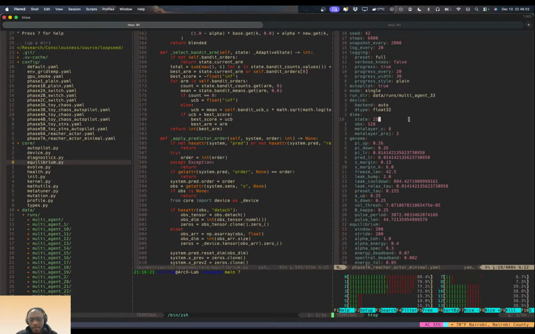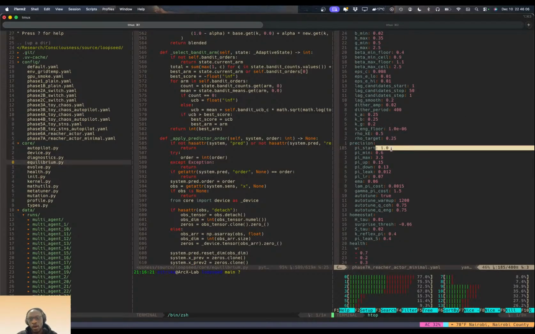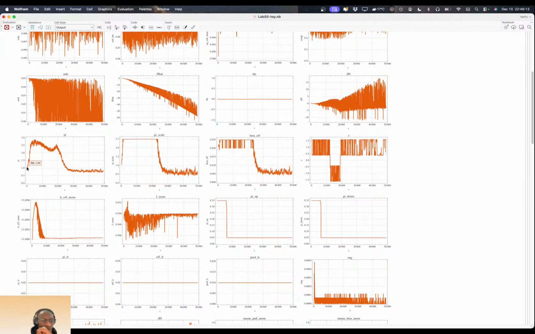So we start at 1.0. Pi starts at 1, and it just goes up a few more steps, sticks there, then keeps dancing at around 2.5, then starts dropping towards 1, then goes to 0.8, and just keeps dancing at the lower minimum.